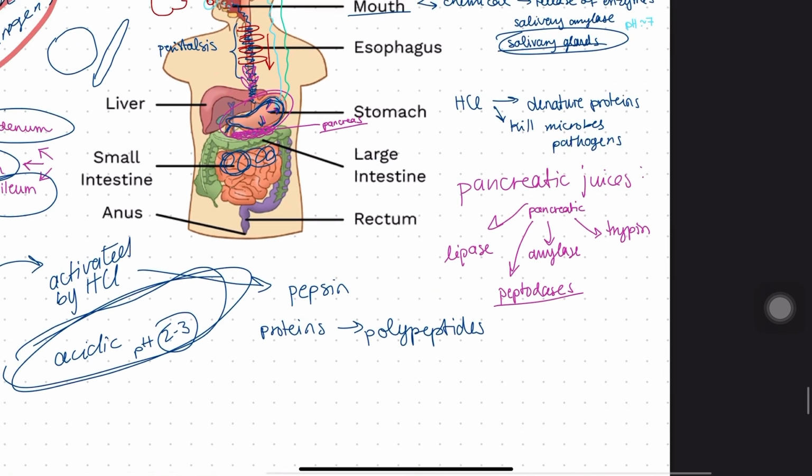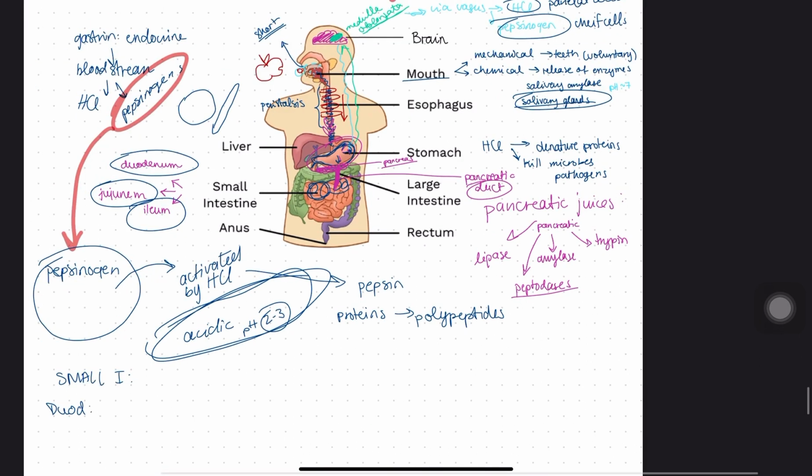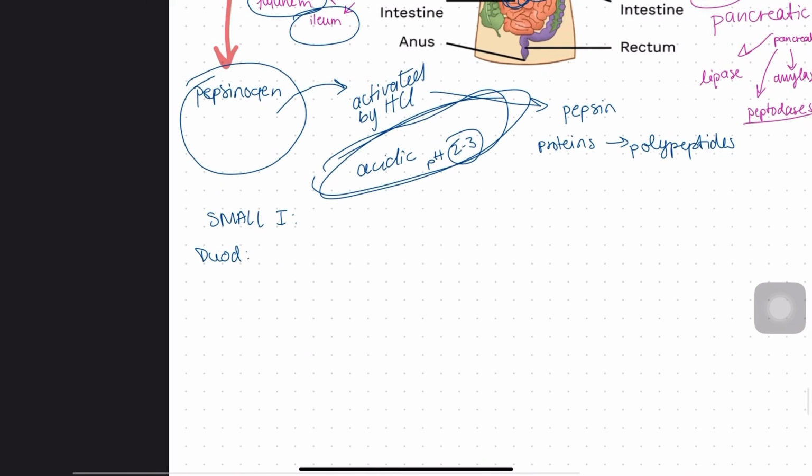What is going to happen now is that the pancreas is going to throw these juices into the small intestine via something we call the pancreatic duct. Duct basically just means a tunnel, a pathway where the things that are produced in the pancreas are going to find a way to go from here down to here without getting mixed up.